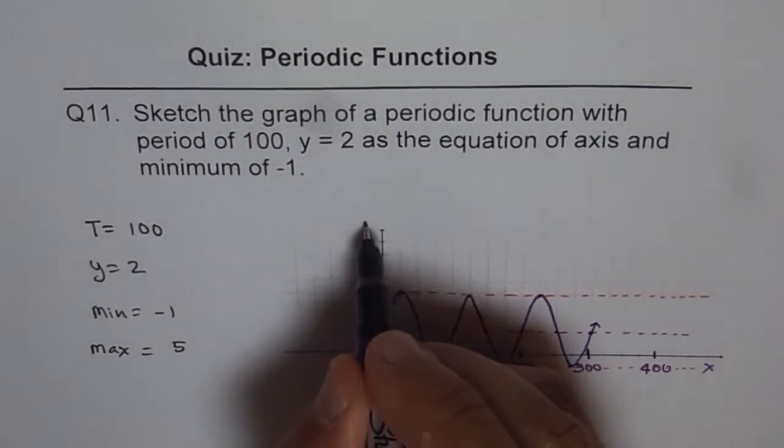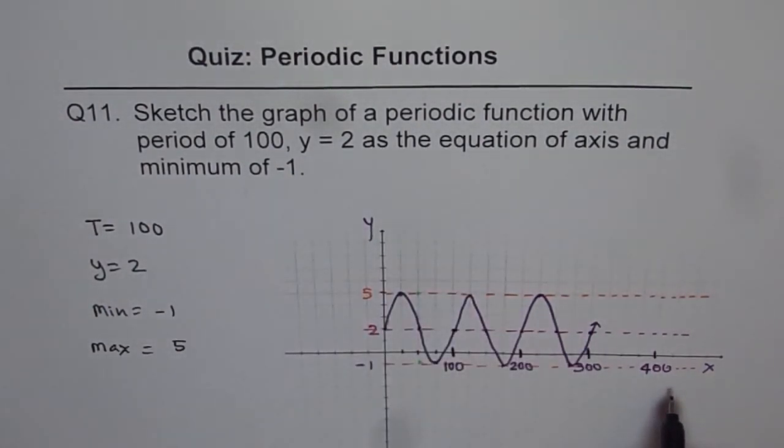In case the units are given to us, we have to specify units also. Let's say if it says 100 milliseconds, we have to write x in milliseconds. In this question, units are not given, so we need not bother about it. But it's important to look into all these things when you're answering a test problem. I hope you appreciate it. Thank you and all the best.